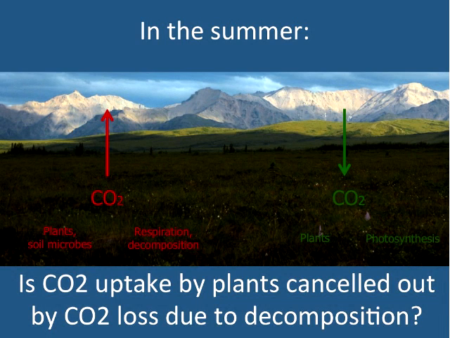This is the tundra in the summer. And this is the same picture as the one we just looked at in the winter. So look at the dramatic change here. I know I've had a lot of questions from the students about plants and what's going on with them.